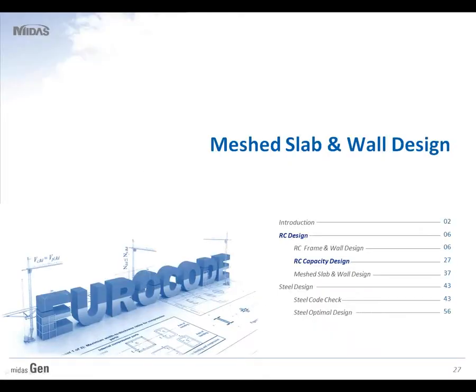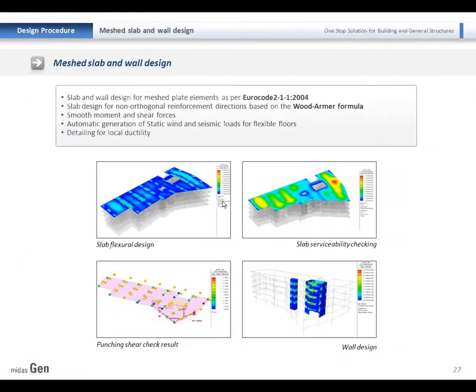We will see the details for the meshed slab and wall design. This meshed slab and wall design will be used for the plate element, and currently we implemented the Eurocode 2 design code.